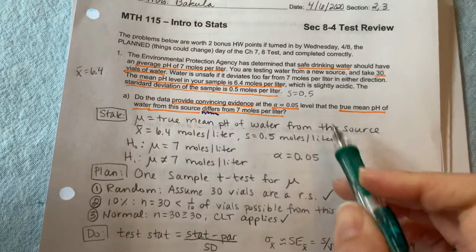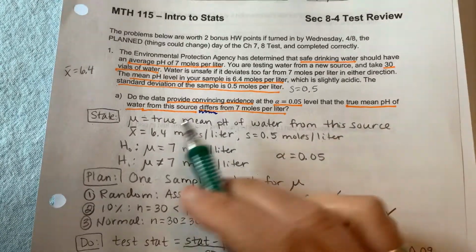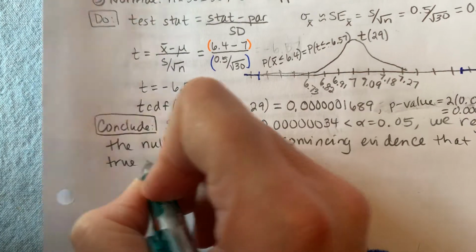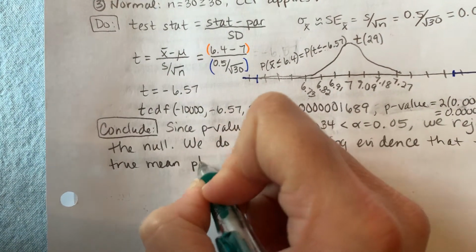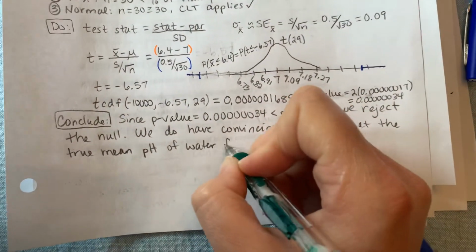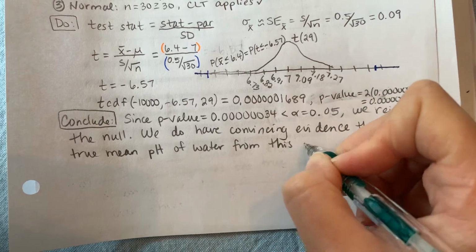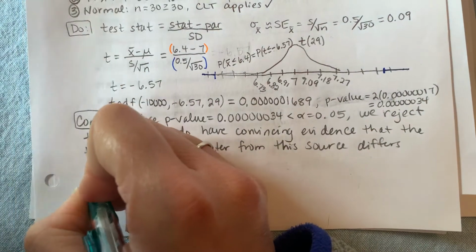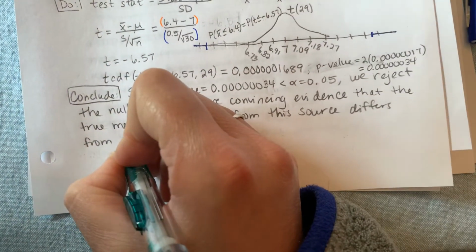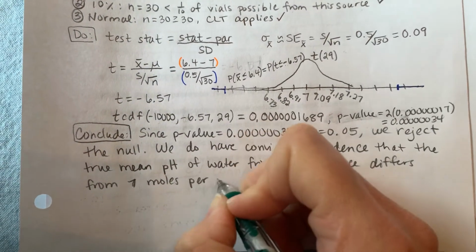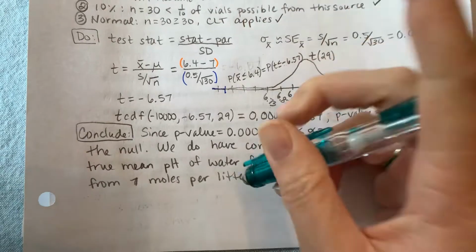We do have convincing evidence that the true mean pH of water from this source differs from 7 moles per liter.